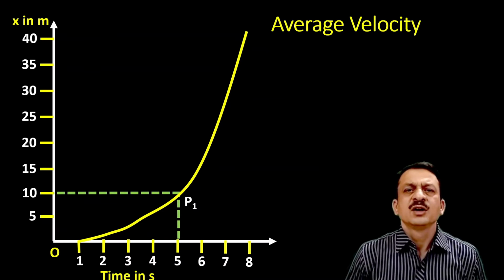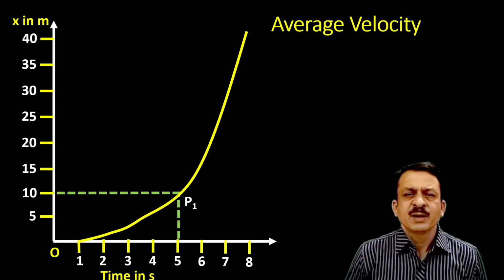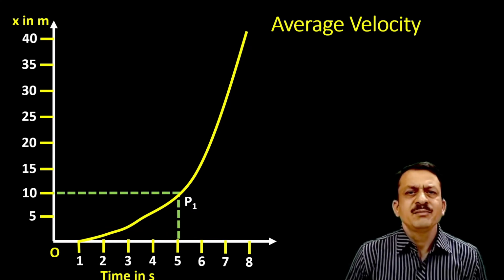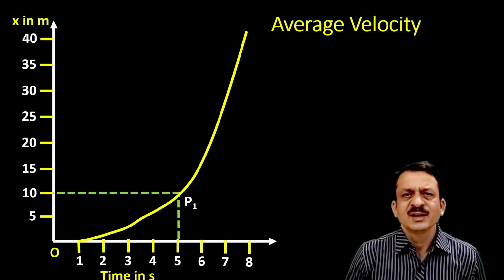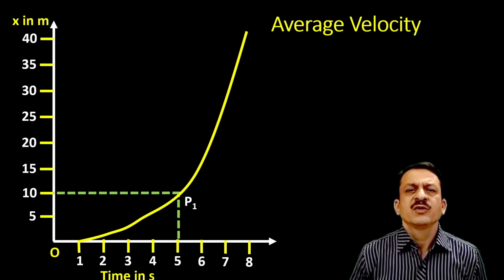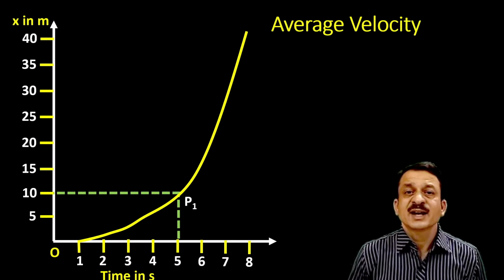So therefore, from this simple graph, at the initial time t1, that is 5 seconds, the object has an initial position x1 equal to 10 meter. Clear? Now similarly we have to work out what is the position of the object at 7 seconds.